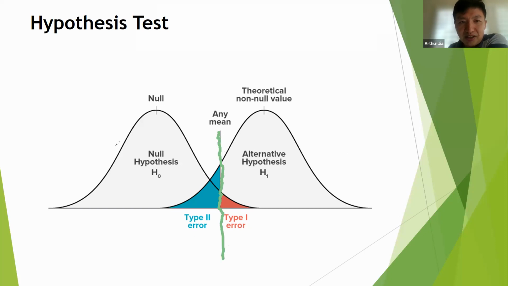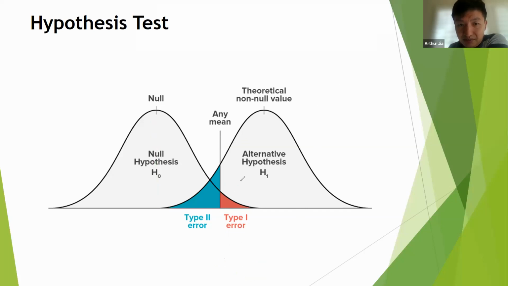So if you look at the null distribution here, usually this value represents the p-value equals 0.05. So where did this 0.05 come from? Actually, this 0.05 equals this red area here.